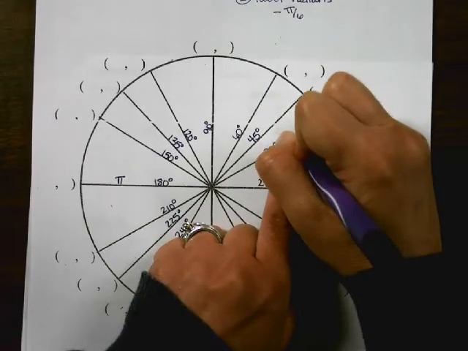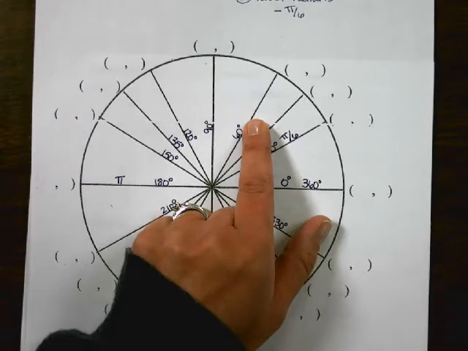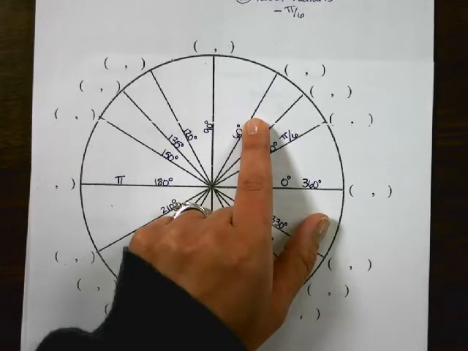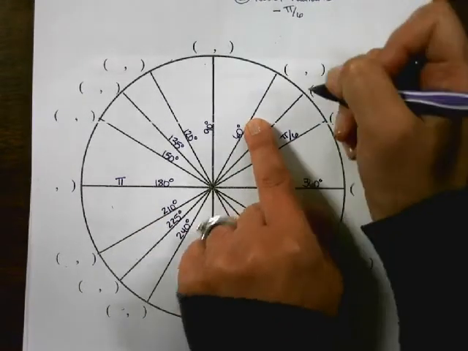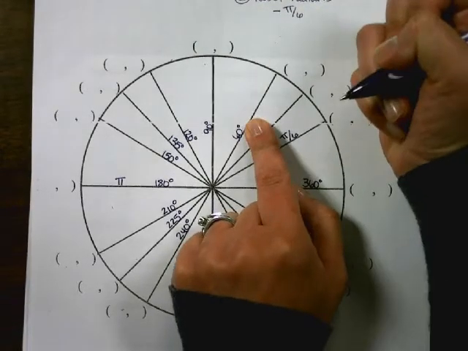The first one here, 30 degrees, is pi over 6. Now you're going to keep adding 1 to your numerator. 2 pi over 6, skip the 45. 2 pi over 6 is 60, but what does 2 pi over 6 reduce to? Pi over 3. If you need to write it down, that's okay.